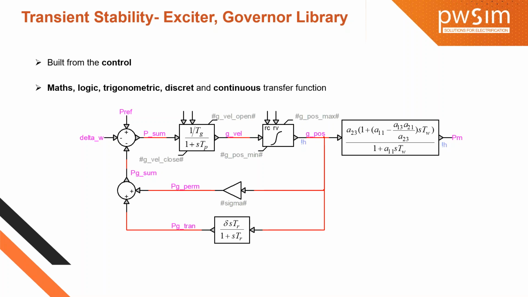Here you can see the subcircuit of the governor, which is created by ourselves using control functions from the control functions library in EMTP software. We can develop our own subcircuit for the exciter and governors, add those as a separate library, and use that library for future use.